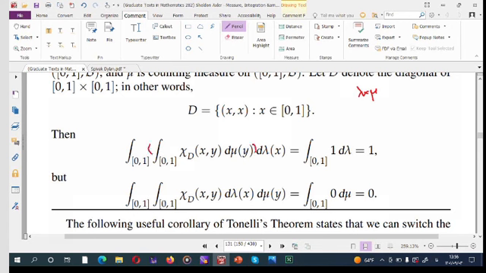And mu is counting measure. This integral by counting measure equals 1, because you must consider x as a fixed element.